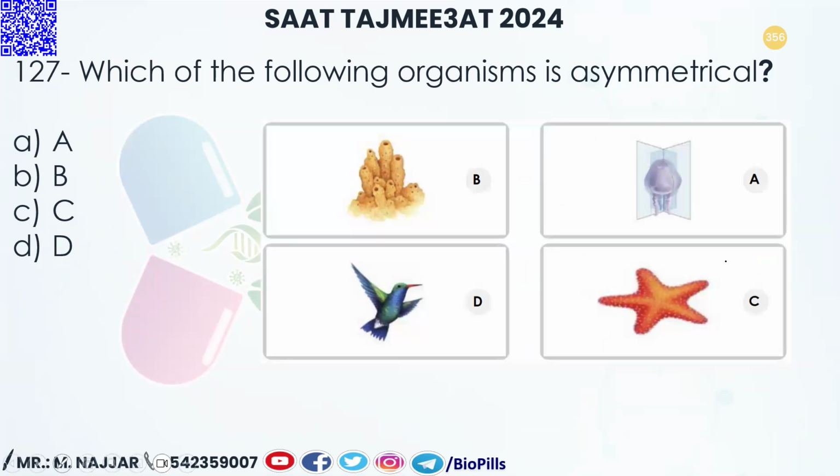Which of the following organisms is asymmetrical? Means not symmetrical. You are right. The sponge is asymmetrical. That's correct. It does not have any line of symmetry at all.